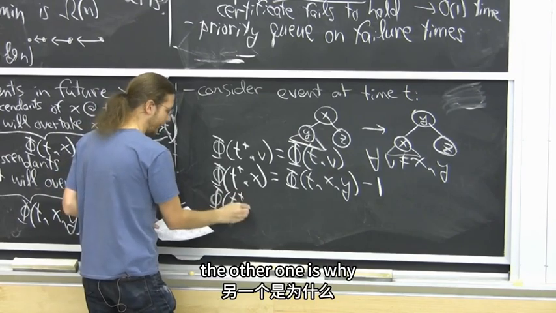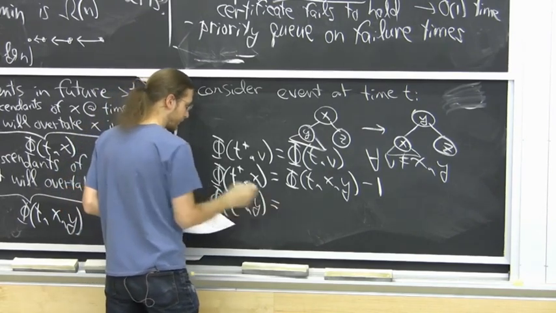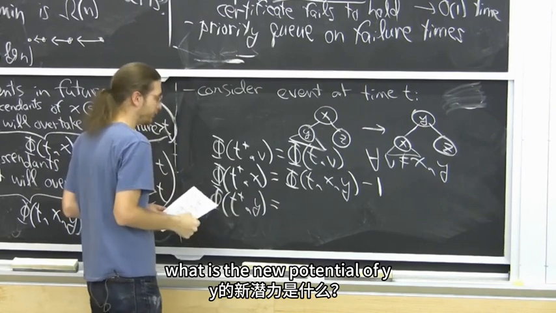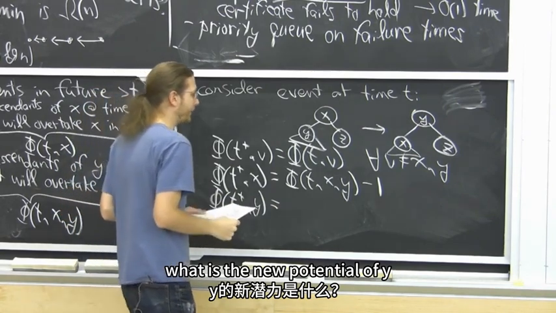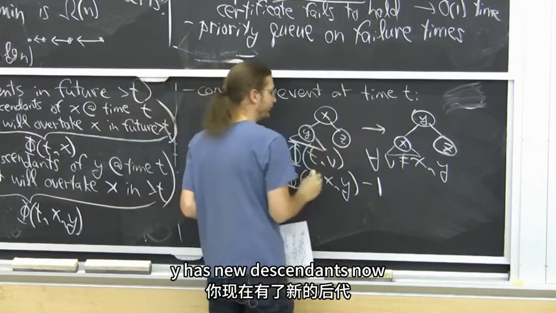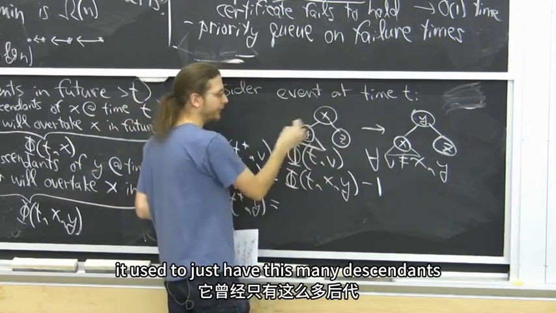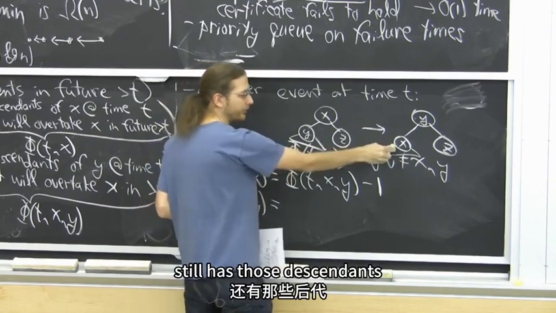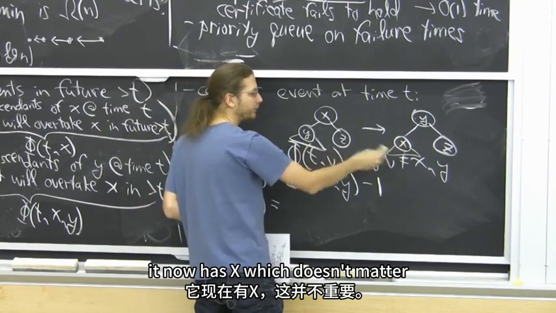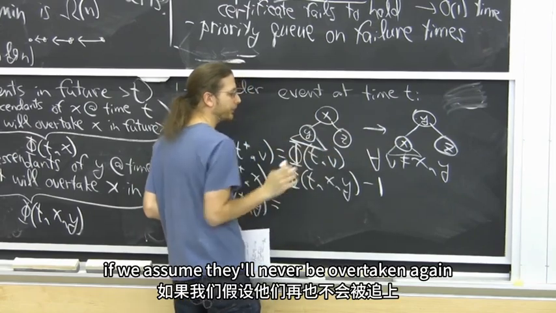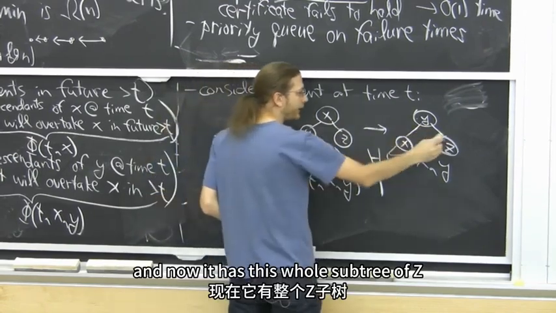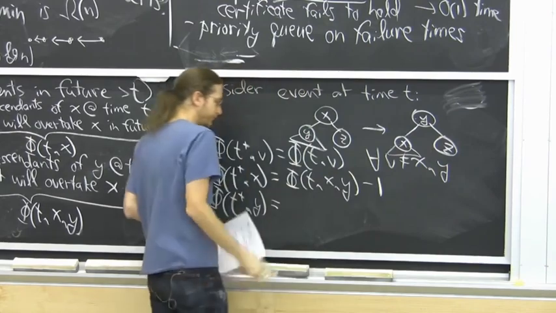The other one is y. What is the new potential of y? Y has new descendants now. It used to just have this many descendants, and it still has those. It now has x, which doesn't matter if we assume they'll never be overtaken again. And now it has this whole subtree of z.